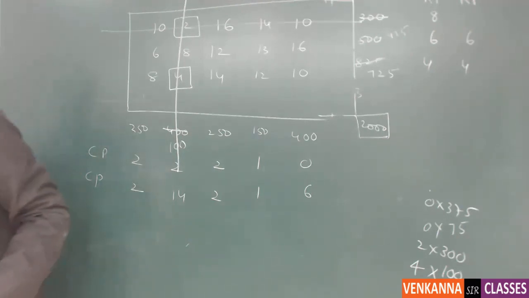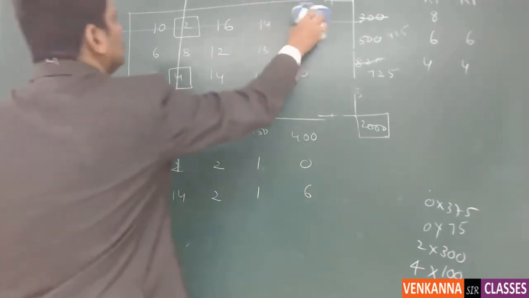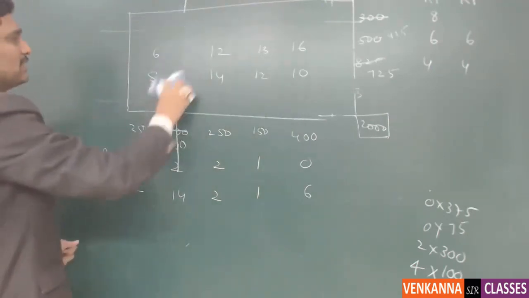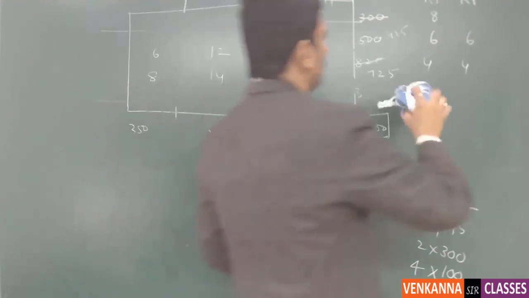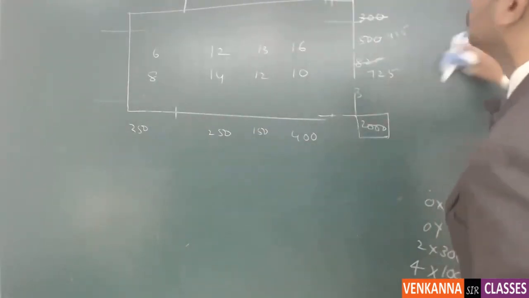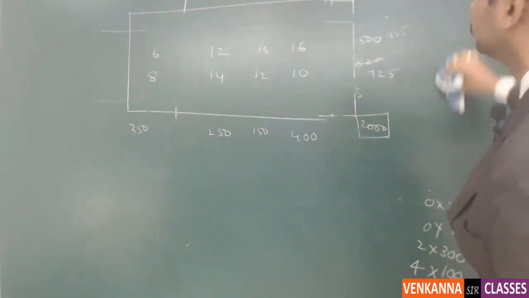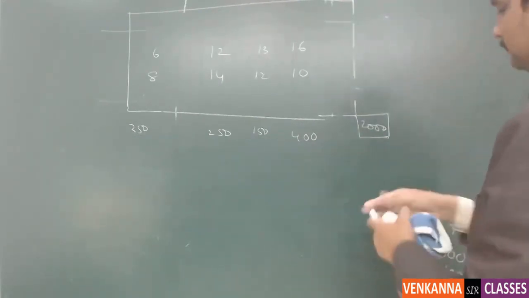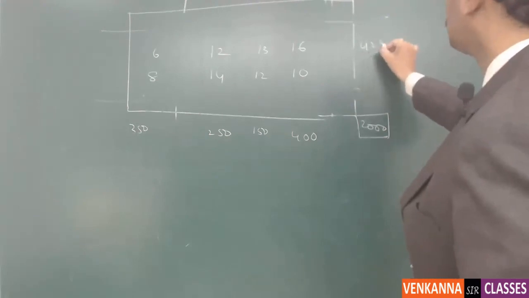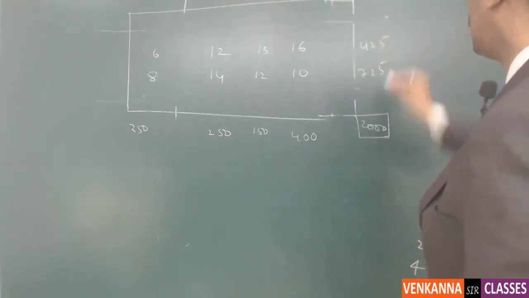Okay. So this was erased. This was erased. I am going to erase the row penalties and column penalties as well. This is 425. This is 725 on simplification.